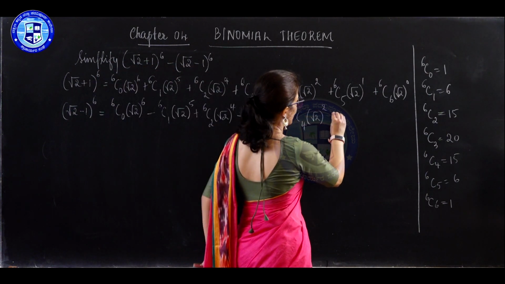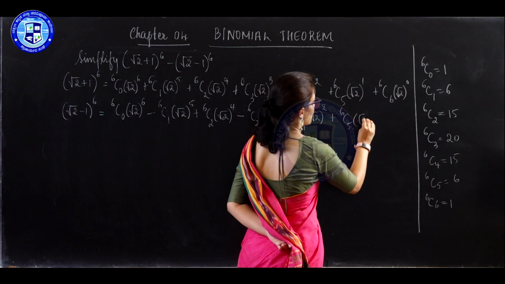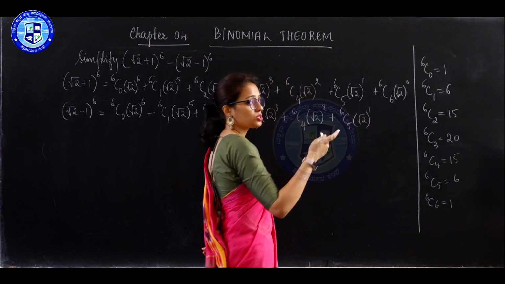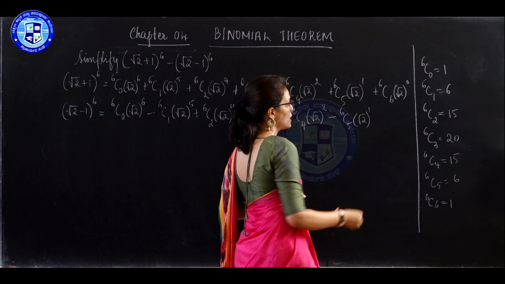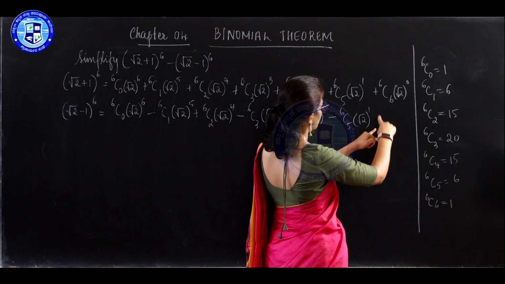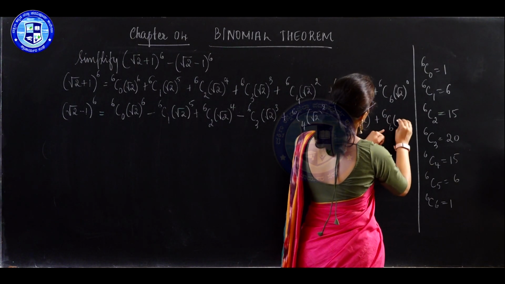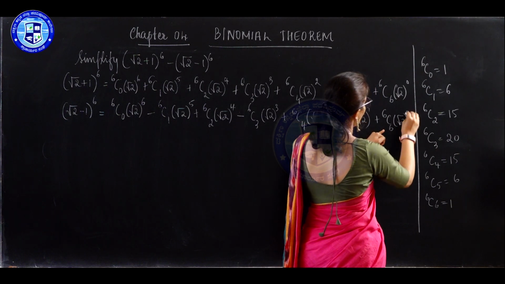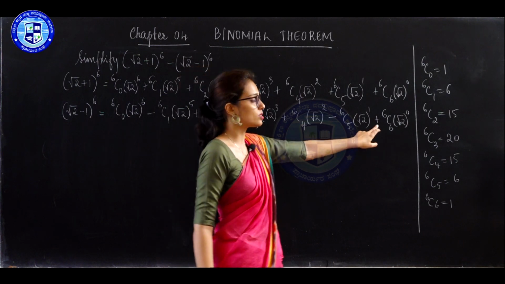Next term here we have 6C5 root 2 to the power 1, (minus 1) to the power 5. So, the minus sign will remain. And the last term here, 6C6 root 2 to the power 0, (minus 1) to the power 6, it is an even power, so positive.